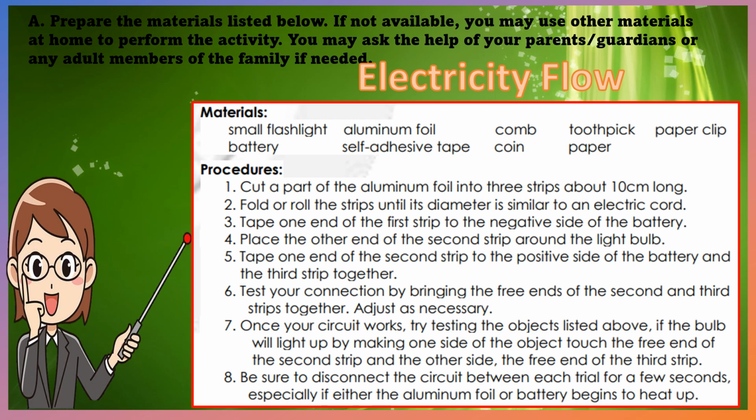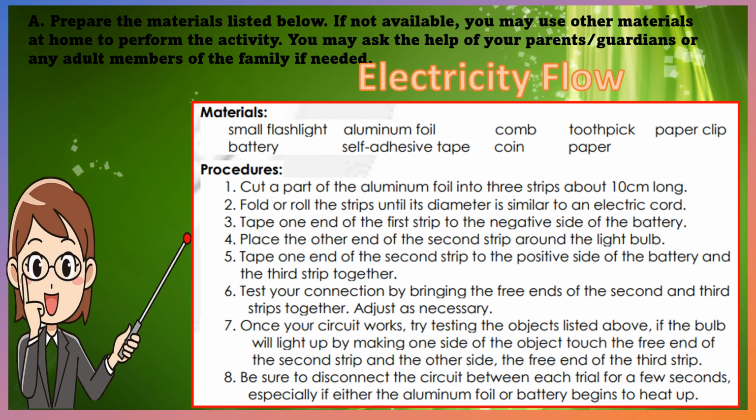And 5. Tape one end of the second strip to the positive side of the battery and the third strip together. 6. Test your connection by bringing the free ends of the second and third strips together and then adjust as necessary.